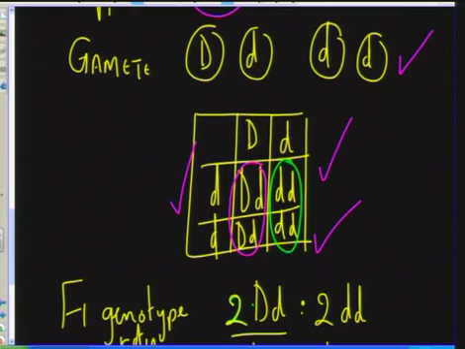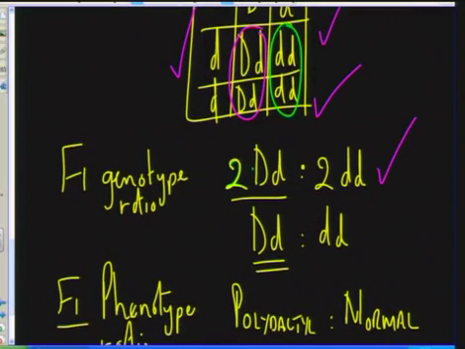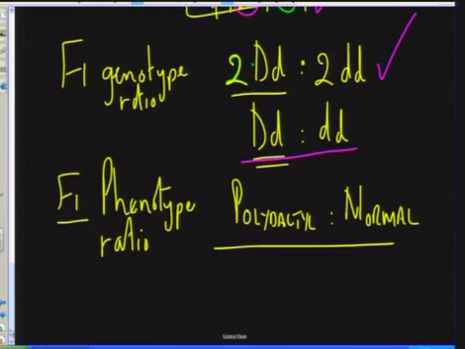So putting down the parents, the gametes into the different columns, and then we go down to working out the F1 generation, the genotype ratio, which is given in its simplest form, and the F1 phenotype ratio, which is given in its simplest form, describing how they physically look.